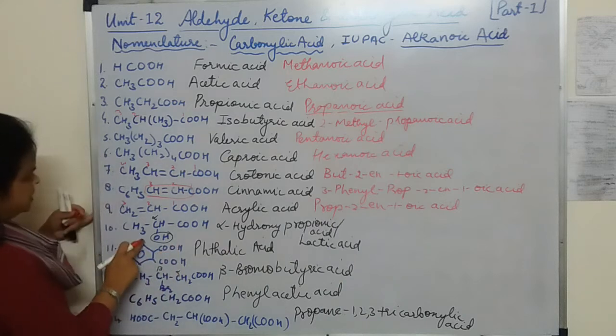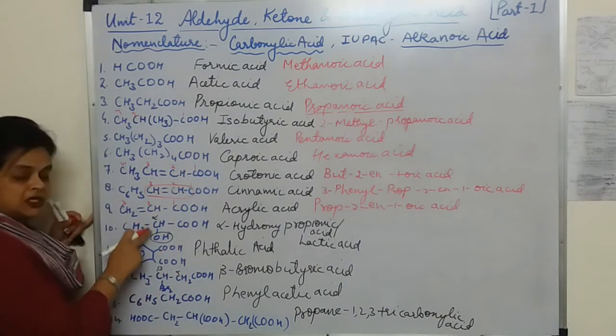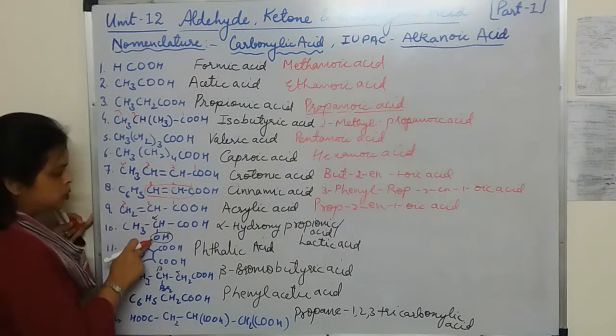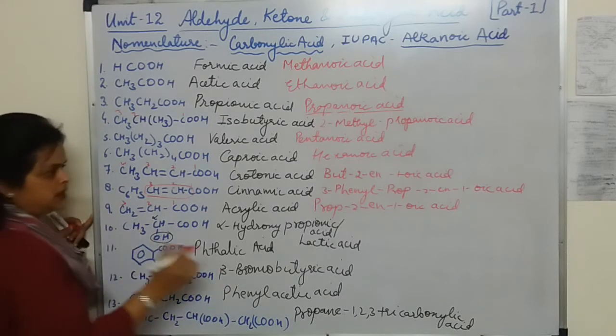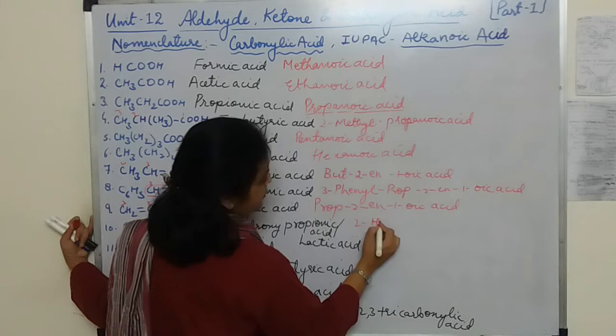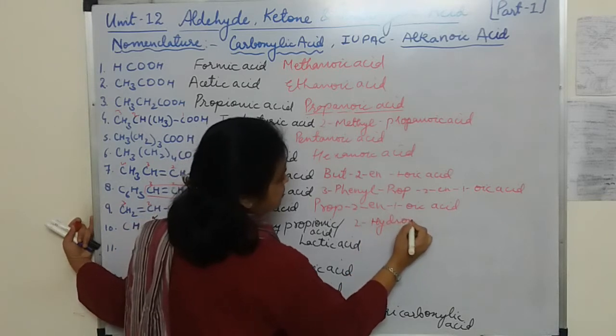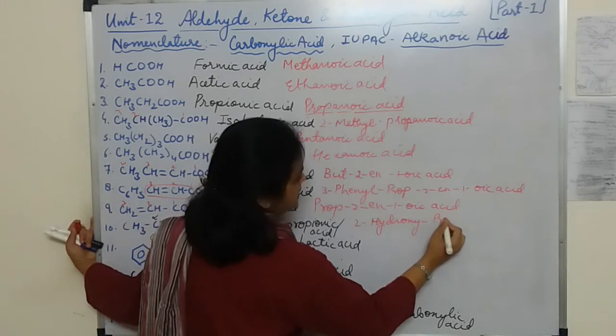Okay, now take this name. Here instead of alpha we will write a number. So 2 hydroxy propanoic acid, 1, 2 and 3 carbon. So 2 hydroxy propanoic acid.